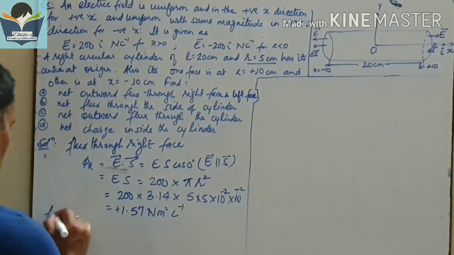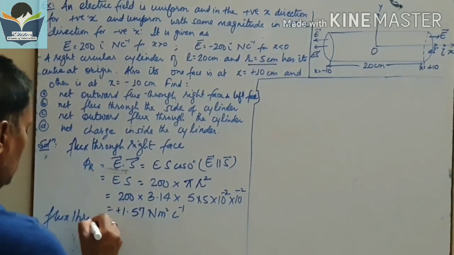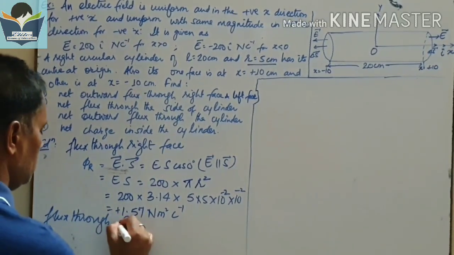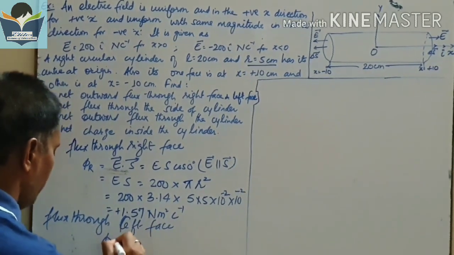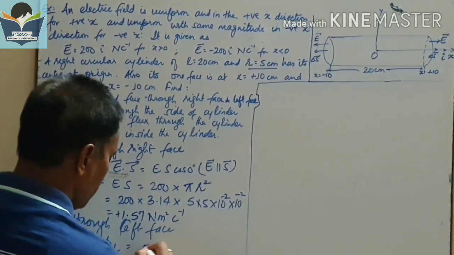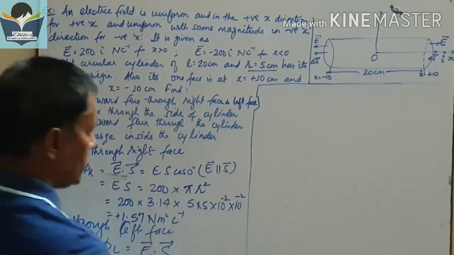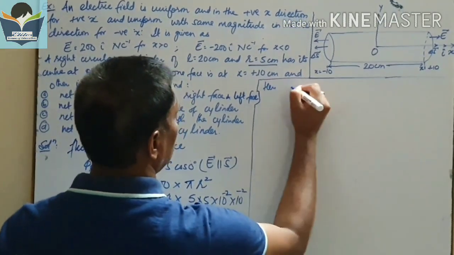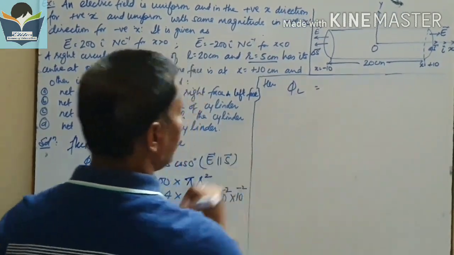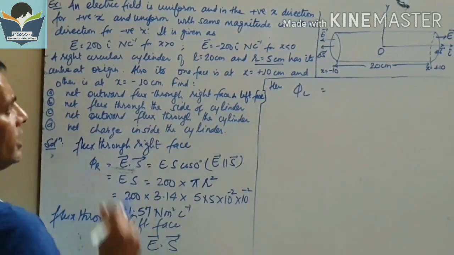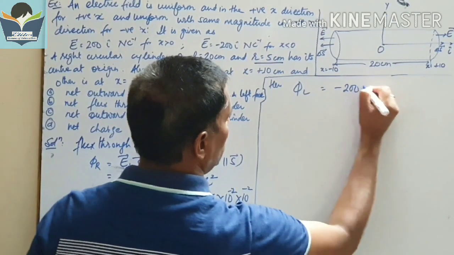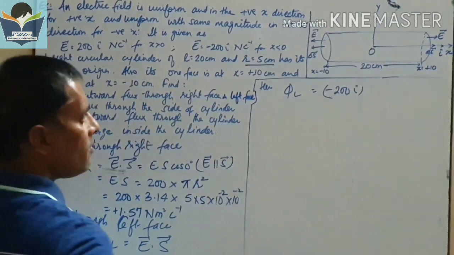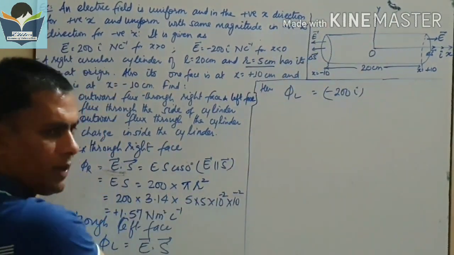Similarly, for the flux through left phase, how much we get? Phi L. Again the formula will remain the same, E dot S. Here flux through left can be taken as, the field is minus 200 I cap, and the area vector, if we take, it is also in the same direction.